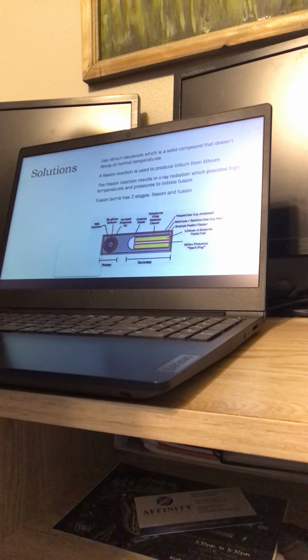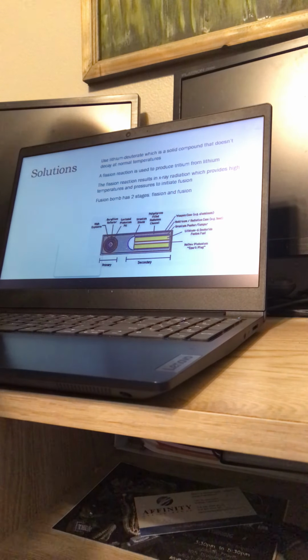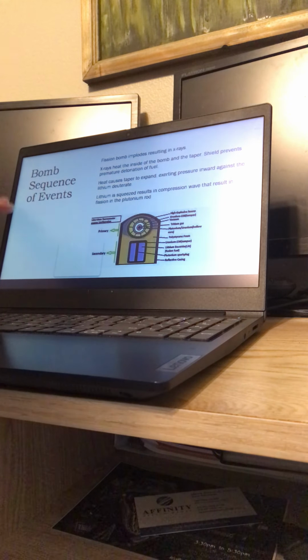And the fusion bomb has two stages. The two stages are fission and fusion. So basically, we're doing fission, but we're taking it one step further and proceeding to fusion so that we get a more effective bomb. So the bomb sequence of events.